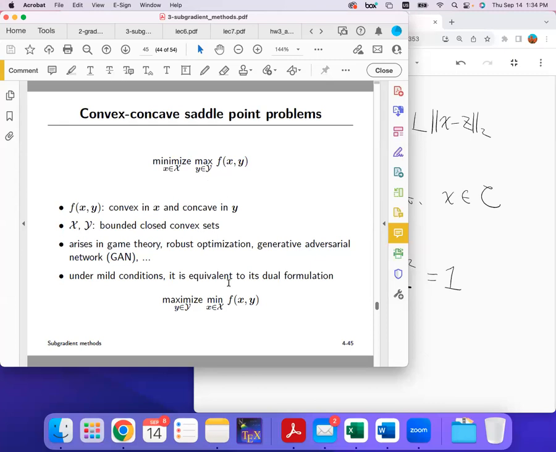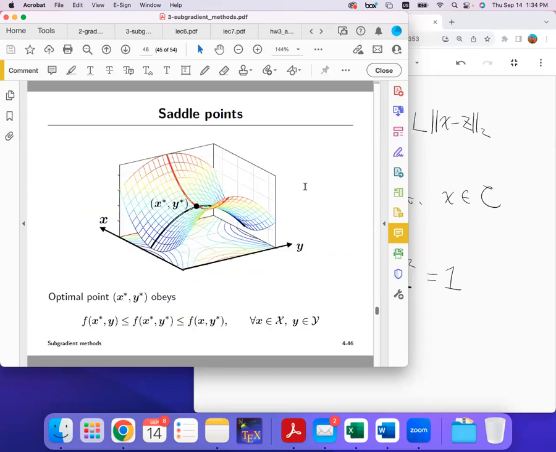So this is equal to its dual formulation, max-min, basically switching their order, but under some mild conditions.